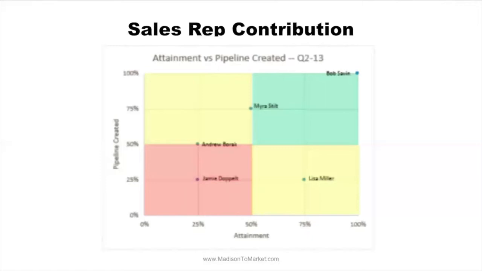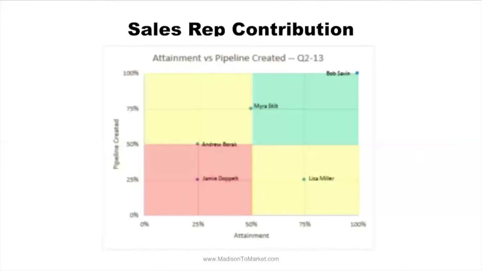Viewing reps in relation to one another like this enables management to cleanly view performance. Anyone performing in the green is generally recognized as having a very strong quarter, since they're ranking high in terms of both attributes. People in yellow generally balance each other out, as somebody that's high in attainment and low in bookings is complemented by someone who's high in bookings and low in attainment.